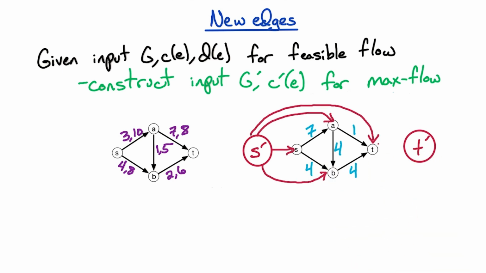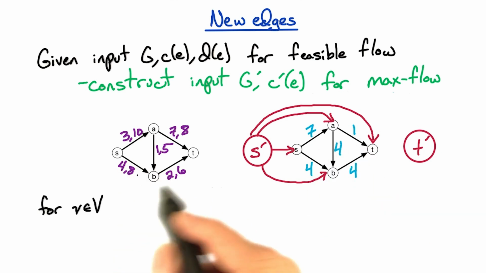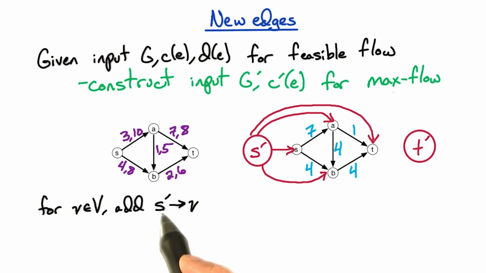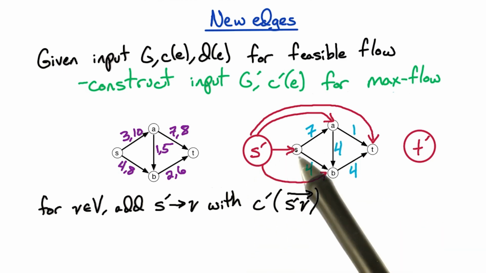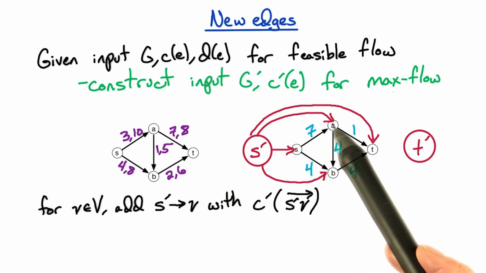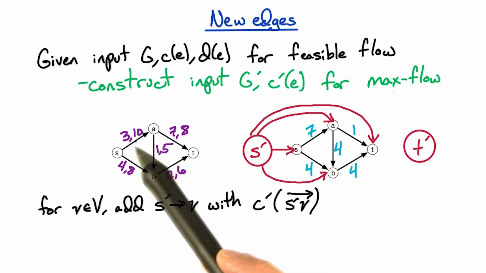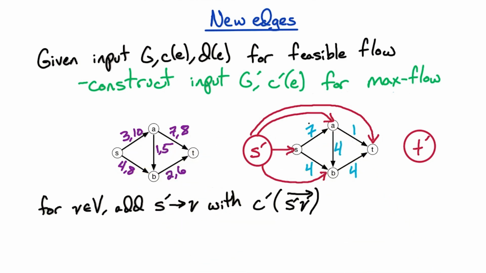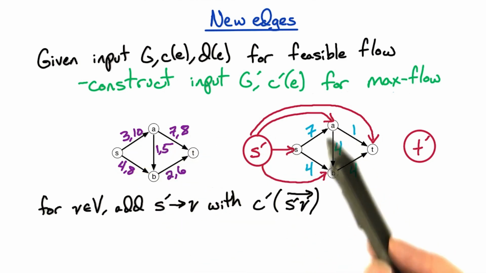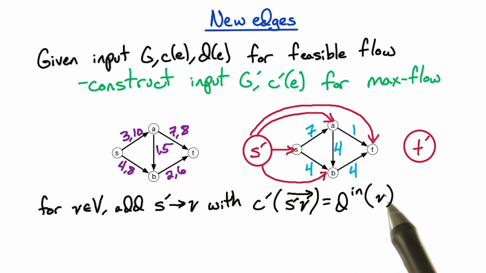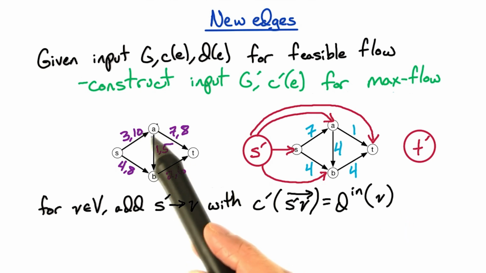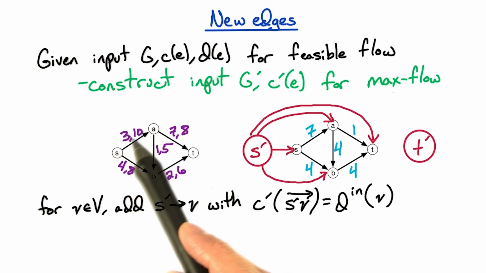Let's look first at the edges from S prime to each of the vertices of the original network. So for each vertex in the original network, we add this edge from S prime to V. Now what is the capacity of this edge from S prime to V in this new network G prime? Well, we shifted the capacity along this edge into A by 3 units, corresponding to the demand into A. We want to offset that by this edge from S prime to A. So we're going to define the capacity of this edge to be the demand into the vertex V. So the total demand into the vertex A in this original network is 3 units.